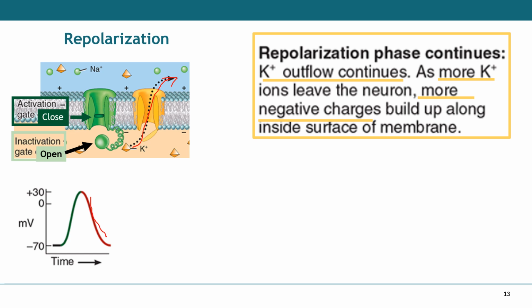So here you see that it will continue going down, and here you see that the charges in the membrane are still negative here, and now all of them will be positive here.